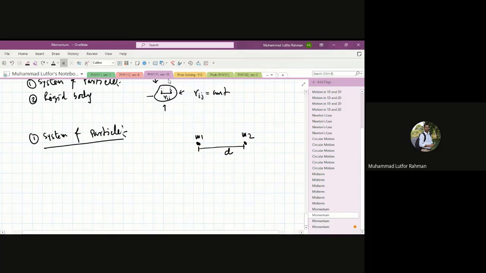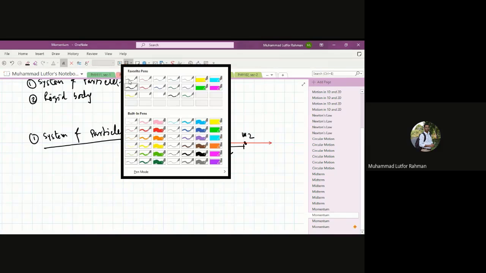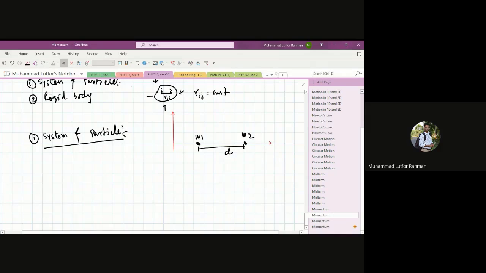Say this is my x-axis and this is my y-axis. Since I choose the origin, our general idea is that the center of mass of this system would be at the middle, right?